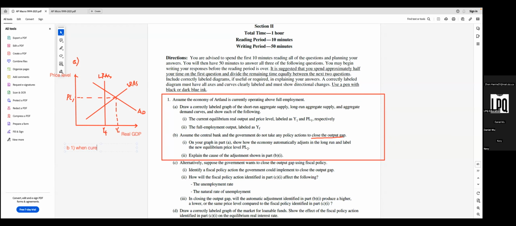So when current GDP is higher than potential GDP, the number of resources and the unallocated resources should be equal to zero.